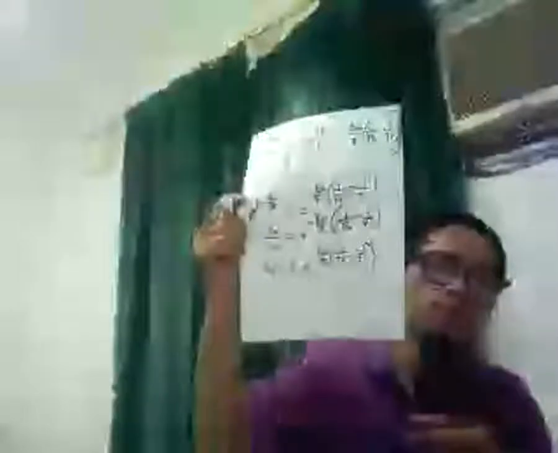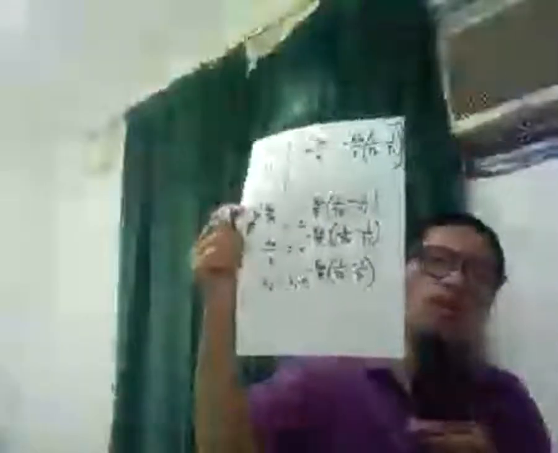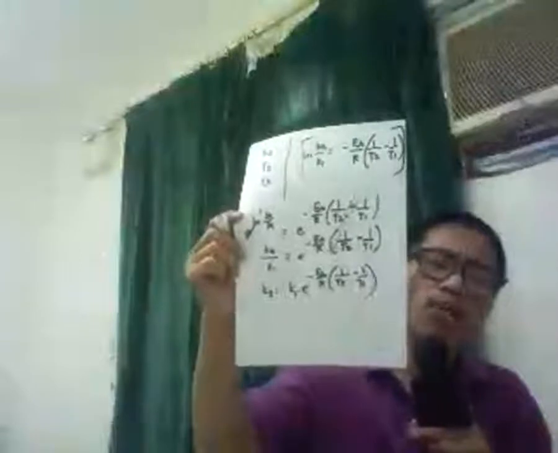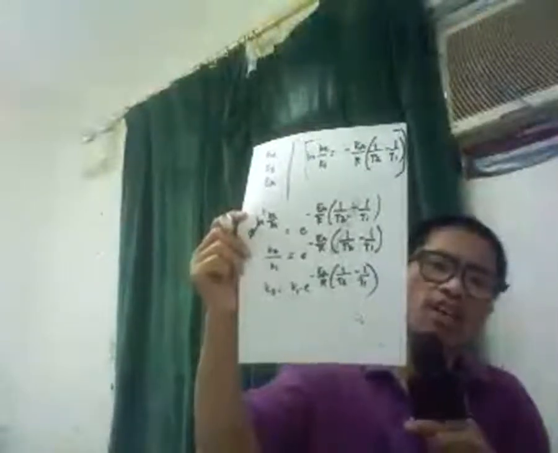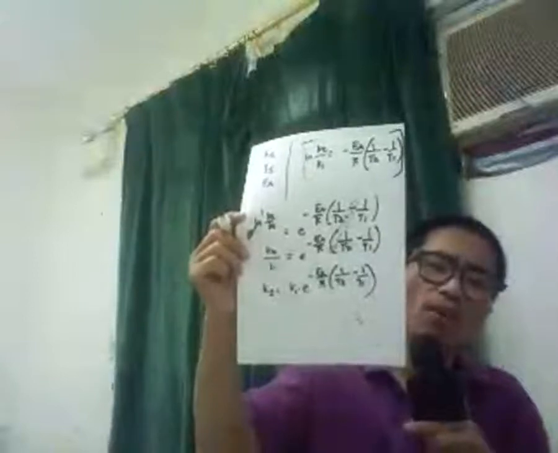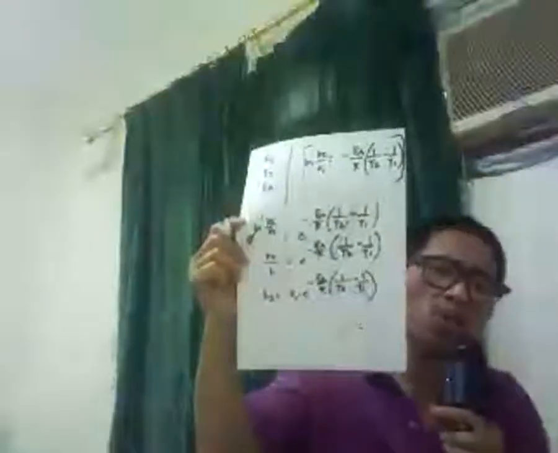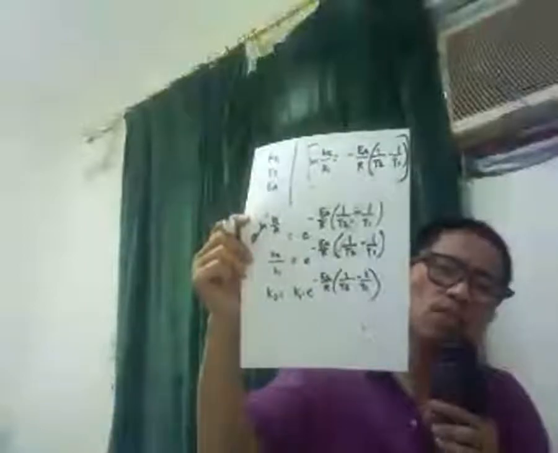Bingo. This is our formula for K2. So our formula of K2 will be K1 times exponential negative EA over R, close and open parenthesis, 1 over T2 minus 1 over T1.